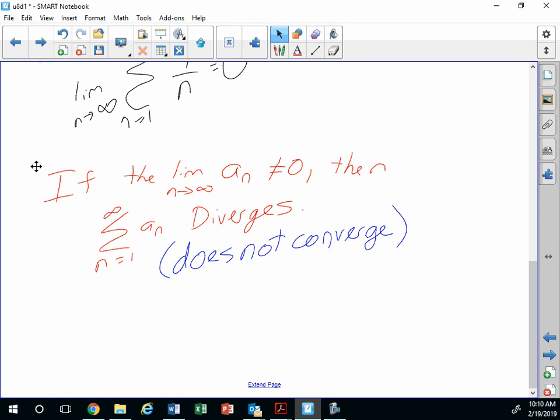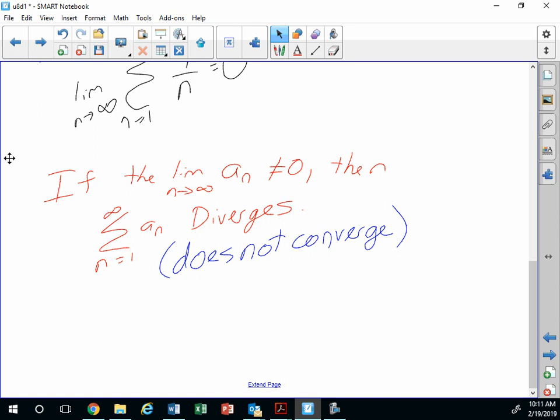So the statement was, if the series converges, then the limit of the function is 0. I'm saying if the limit is not 0, then the series does not converge. So what does not converge mean? Diverge.